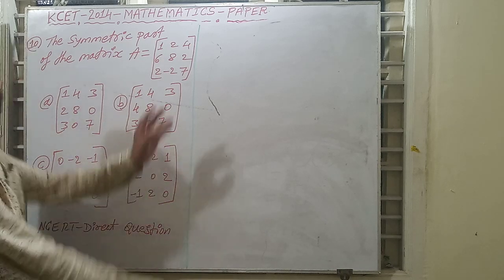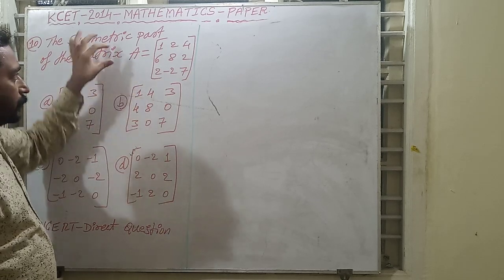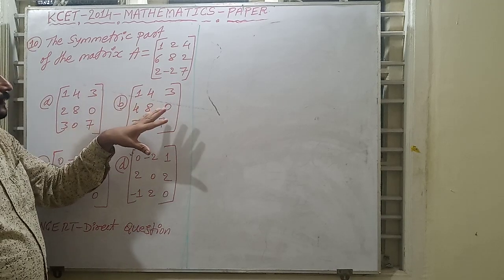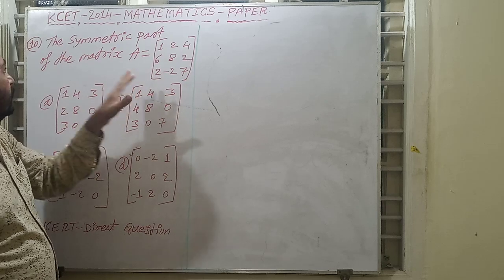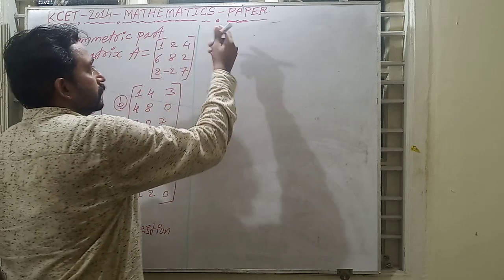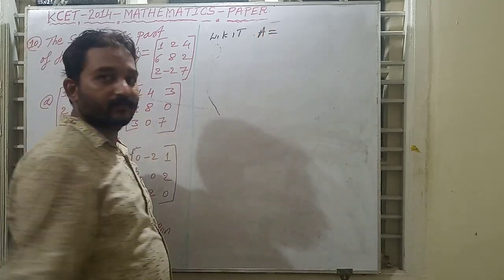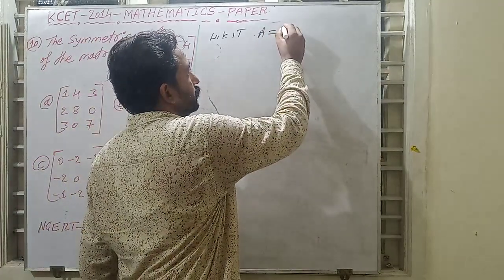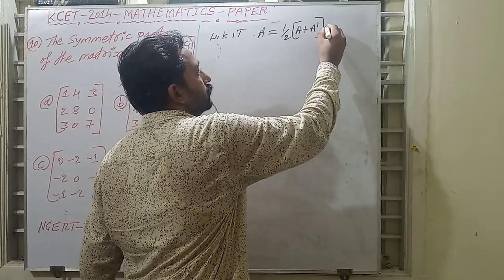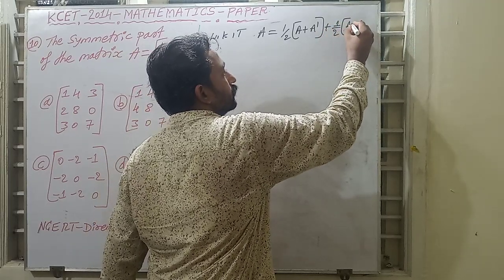So now let us move on to the 10th question, question number 10. It depends on the matrix chapter. The topic is any square matrix can be expressed as the sum of a symmetric and a skew symmetric matrix. Using the formula we have to find the symmetric part of this matrix. Any square matrix A can be expressed as half of A plus A transpose plus half of A minus A transpose.